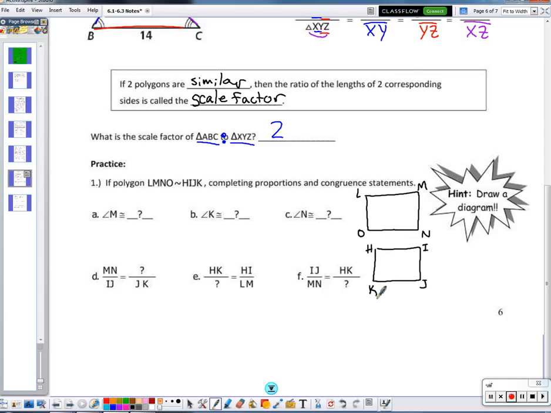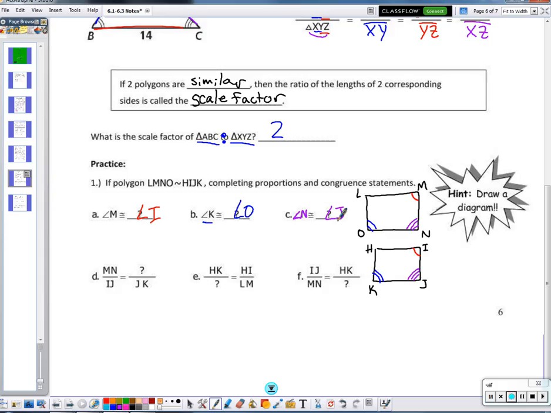M is going to pair up with I. They're matching spots. K is going to match up with angle O. Angle N is going to match up with angle J. And obviously L and H go together.